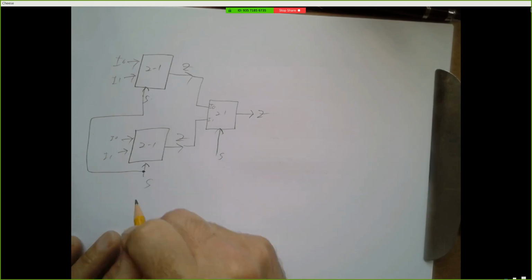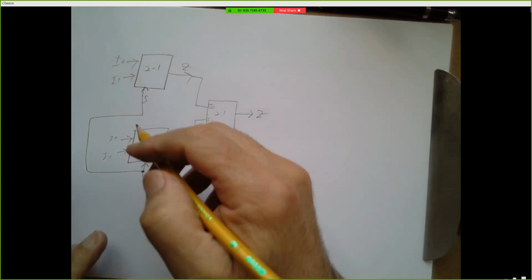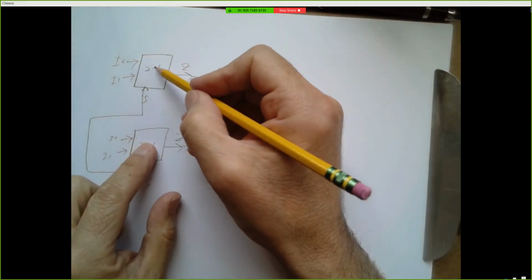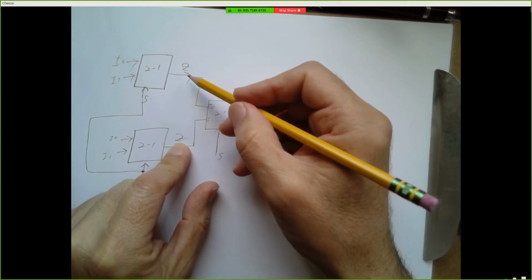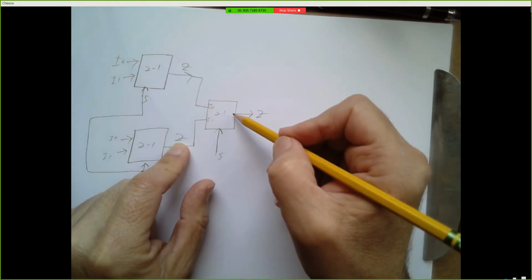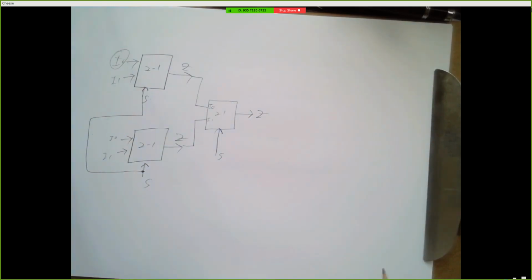Well, if I make both of these select lines 0, what's going to happen? Input 0 will come into both of these and come out here. And then since this select line is a 0, this top value here will come out. So Z will come from this input up here.